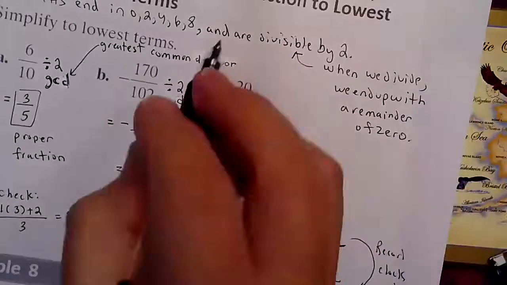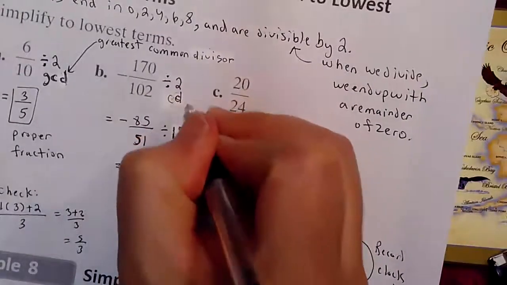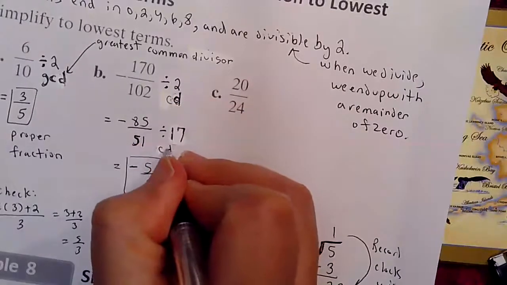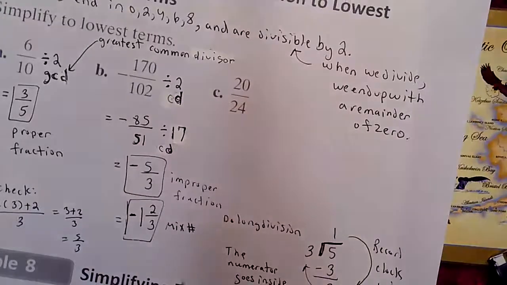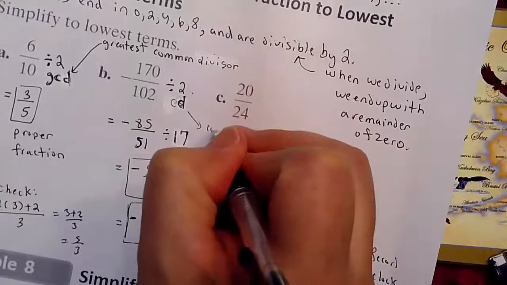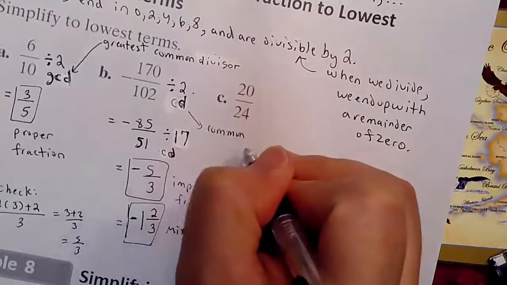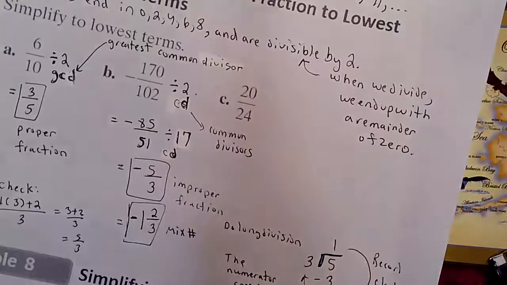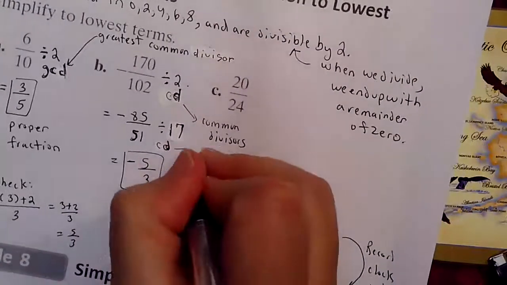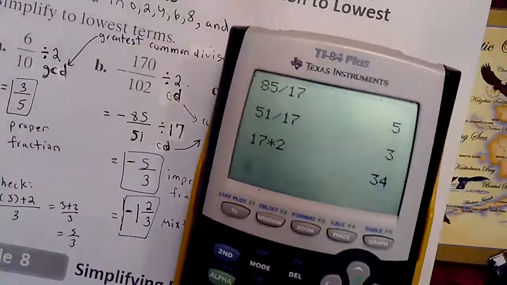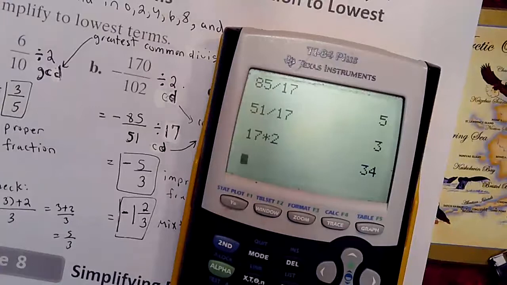These are common divisors, the 2 and the 17. But when I do 2 times 17, which is 34, 34 is the greatest common divisor.